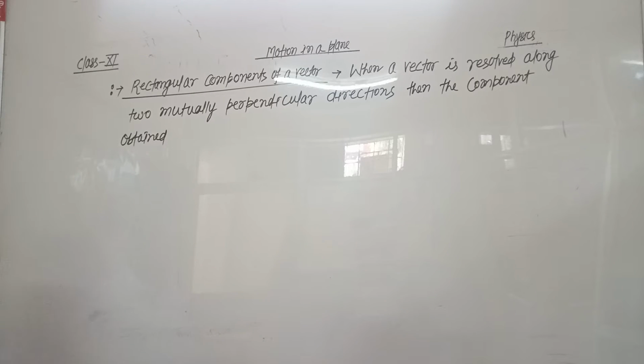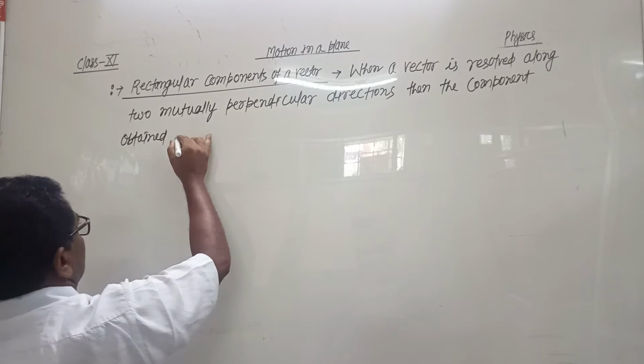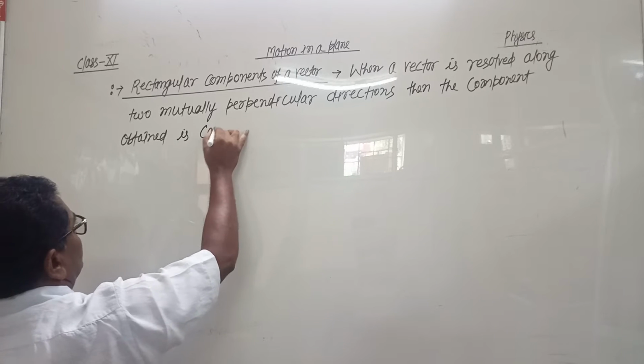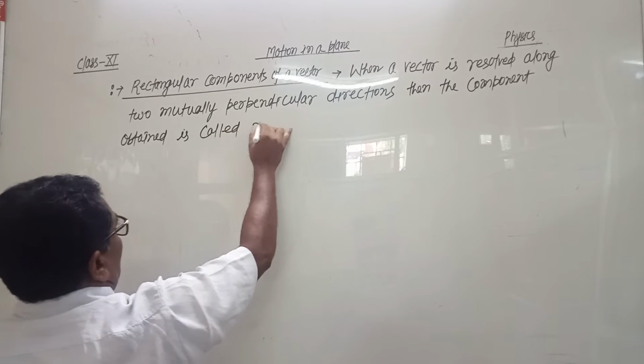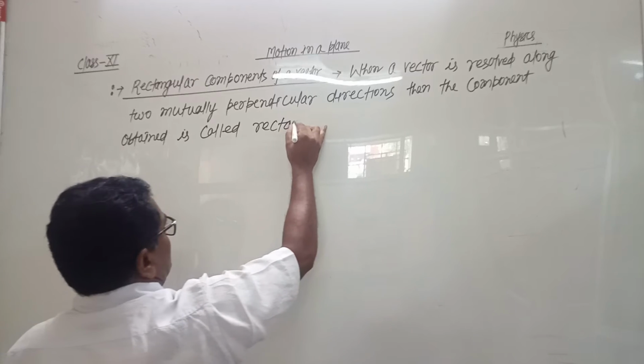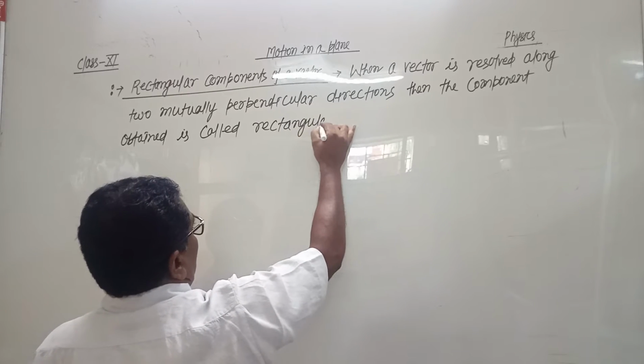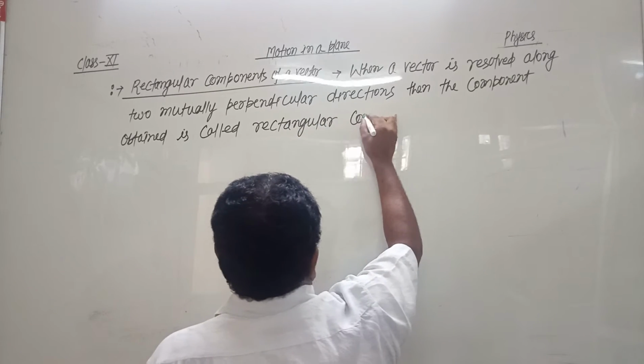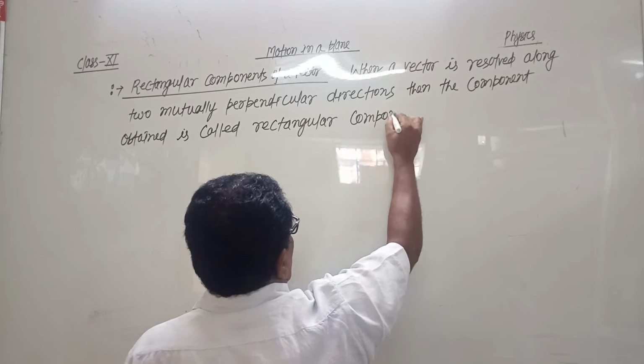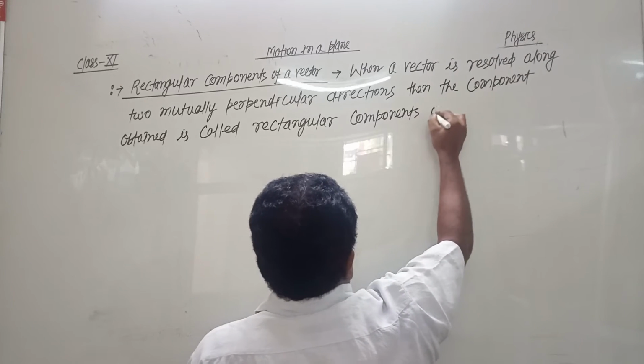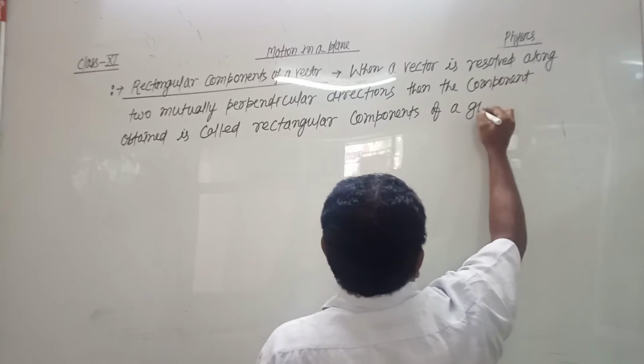When a vector is resolved along two mutually perpendicular directions, then the components obtained are called rectangular components of a given vector.